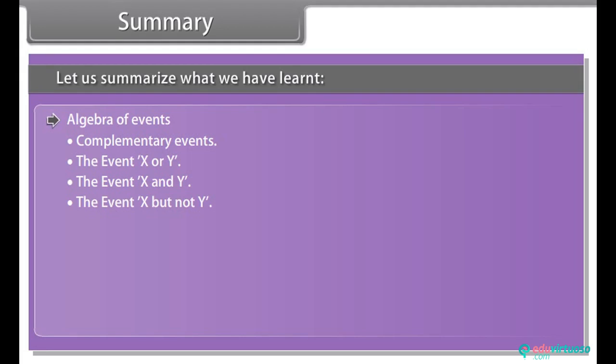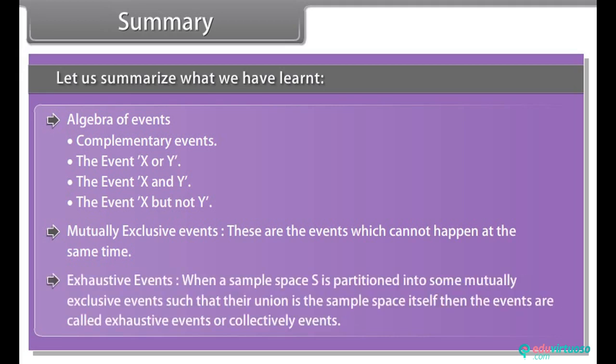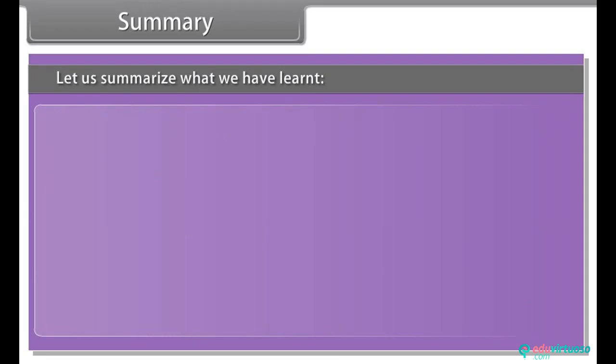The event X but not Y. Mutually exclusive events. These are the events which cannot happen at the same time. Exhaustive events. When a sample space S is partitioned into some mutually exclusive events such that their union is the sample space itself, then the events are called exhaustive events or collectively exhaustive events.